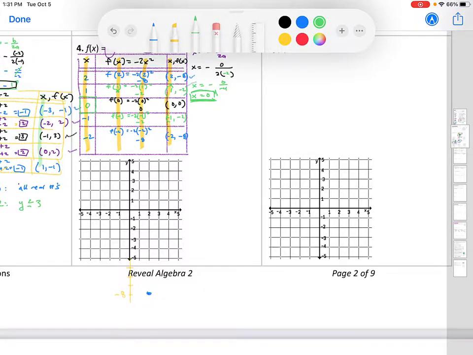And then I have 1, negative 2, so right 1, down 2. 0, 0 is the origin, so you stay right in the middle. And then left 1, down 2. And then left 2, down 8. And then pick colors, pick red.